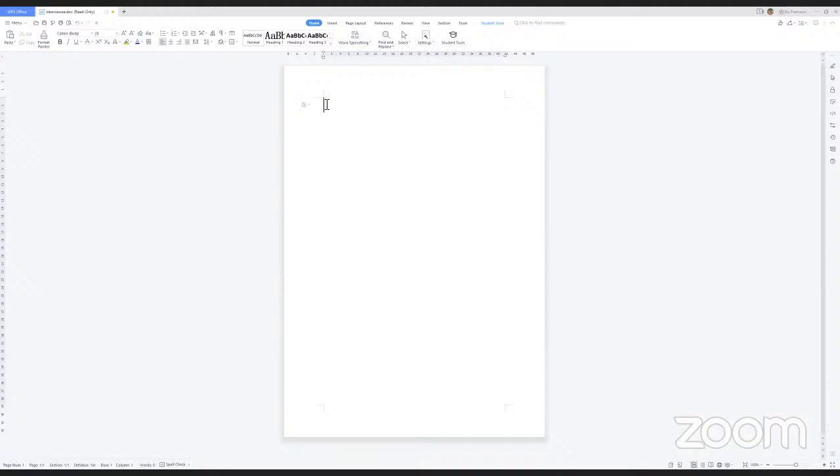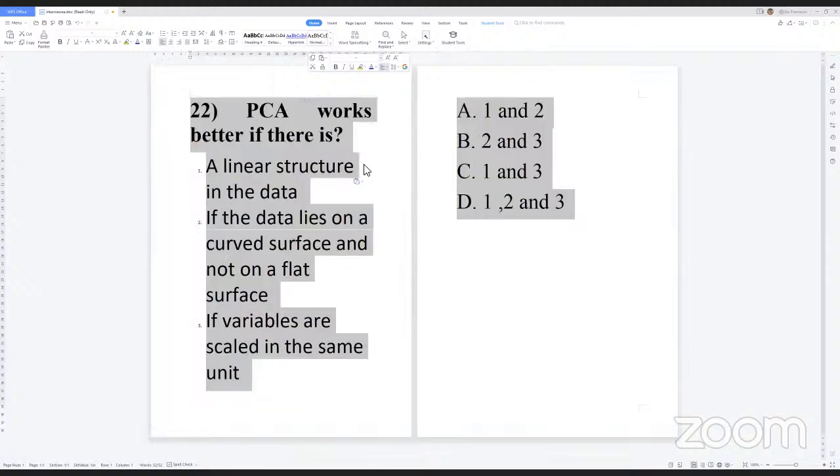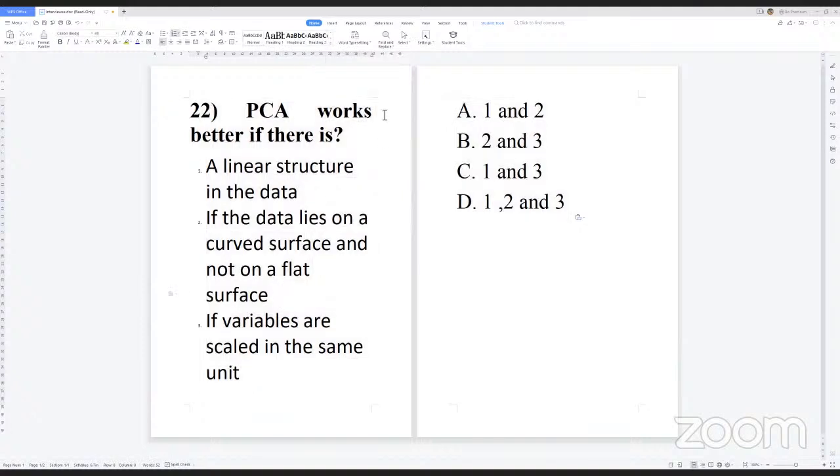Okay, this would be the last question. We're nearly at 4:45. Okay, it's a very easy question. Question number 22 stated PCA works better if there is a linear structure in the data.